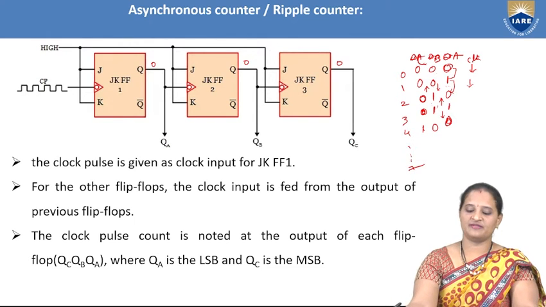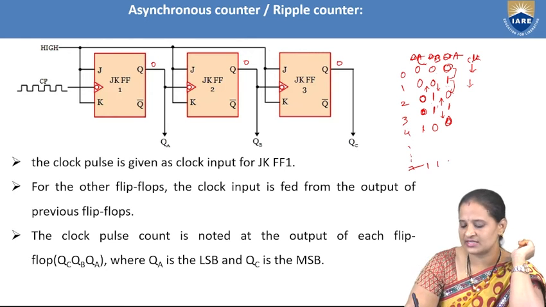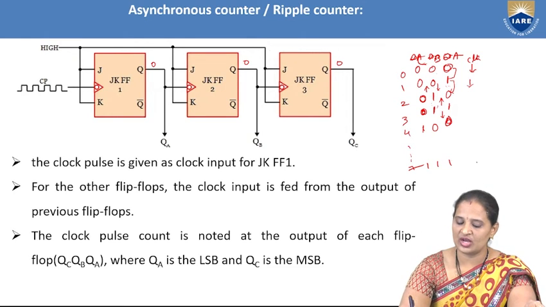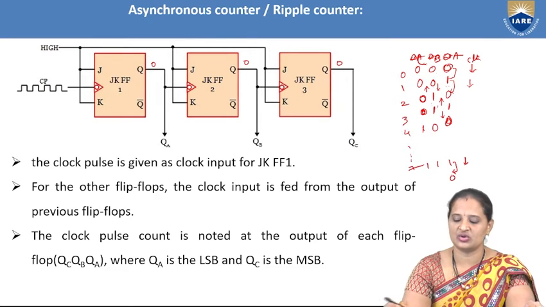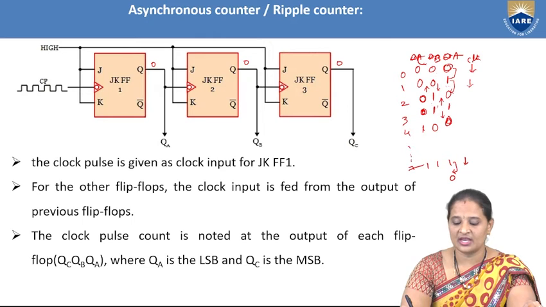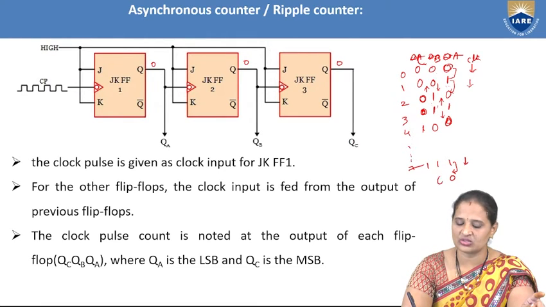So now what happens if it is 7? Let us consider this is 7. So during the clock pulse, it will toggle. So it becomes 0 now, as it is 1 to 0. This is given as clock to the second flip-flop. So what is the transition we have? 1 to 0. That means this comes across a negative edge clock at the second flip-flop, and hence this also toggles.